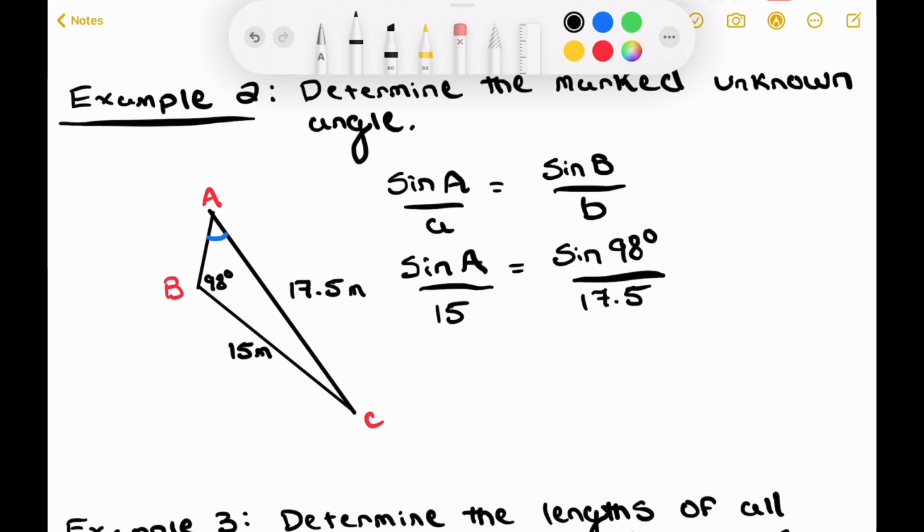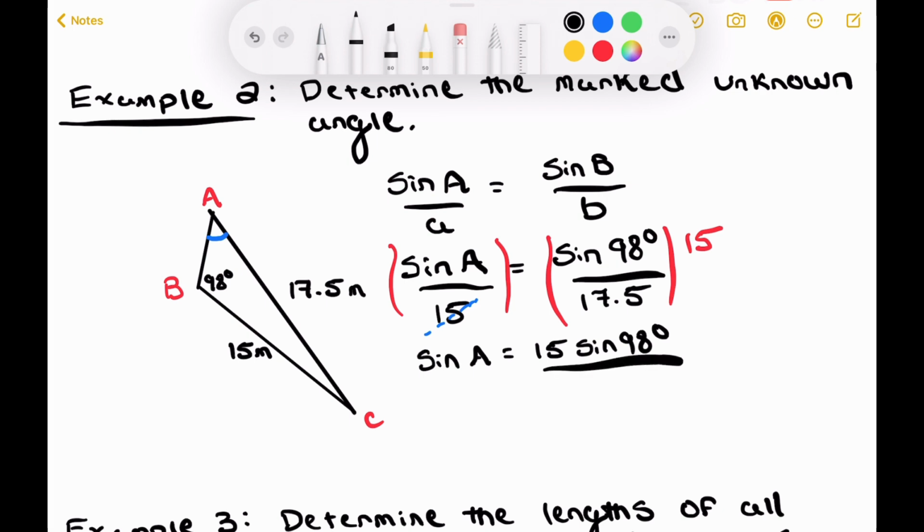Now to rearrange this, we have to multiply both sides by the 15 that's in the denominator on the other side. That's going to help us eliminate this 15. And now we're just left with sine A is equal to 15 sine 98 degrees over 17.5.